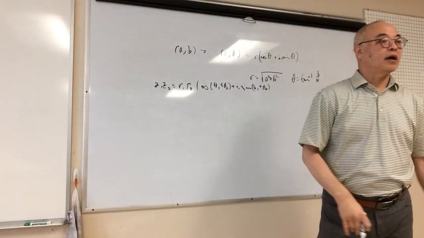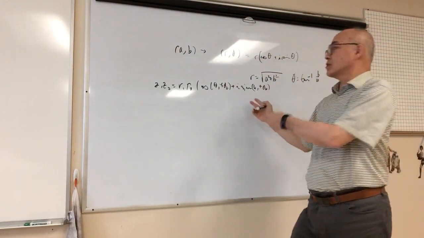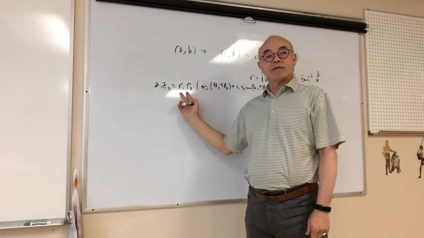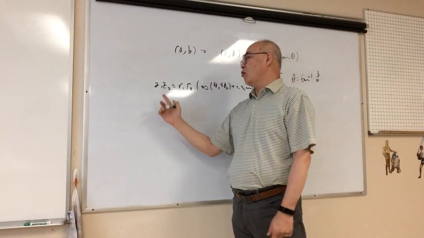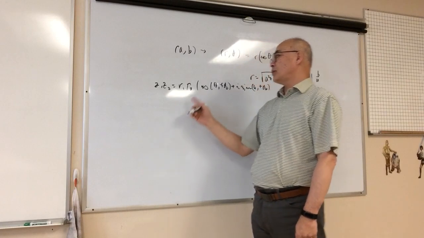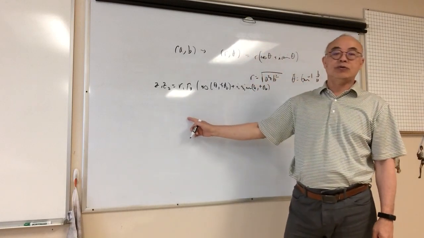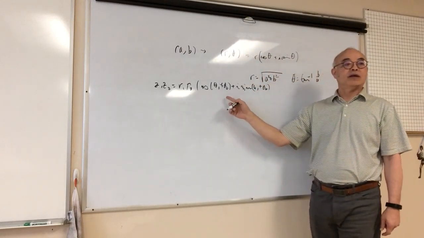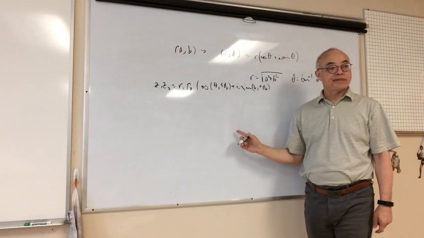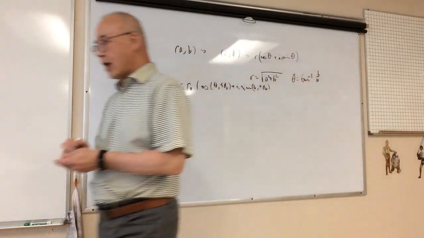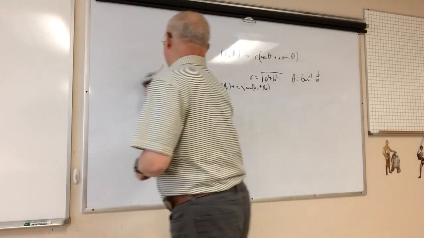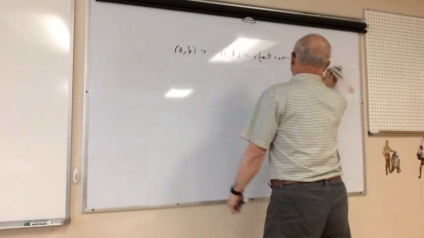We talked about how you just add the arguments and multiply the moduli, and for z1 over z2, it would be r1 over r2, and you subtracted the arguments, right? Okay, that's where we were at.